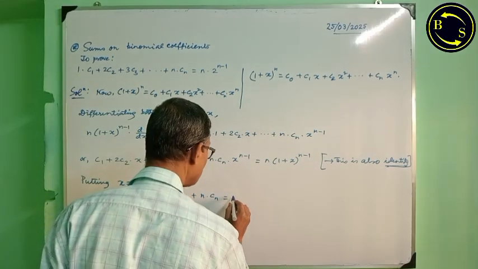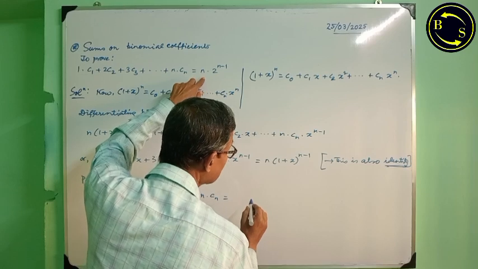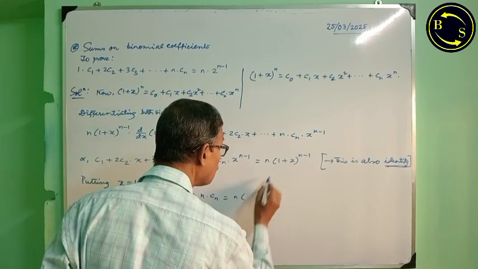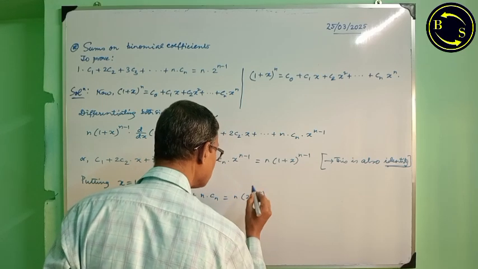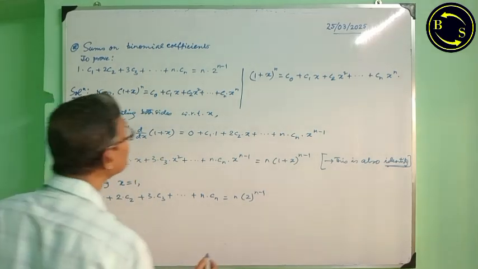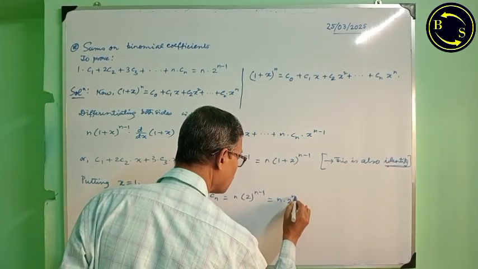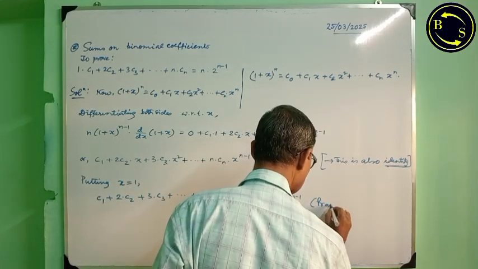That is equal to n into (1 plus 1) to the power n minus 1, that is n into 2 to the power n minus 1. The sum is solved.